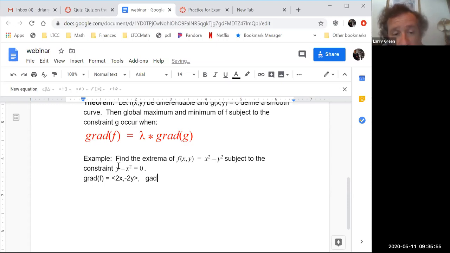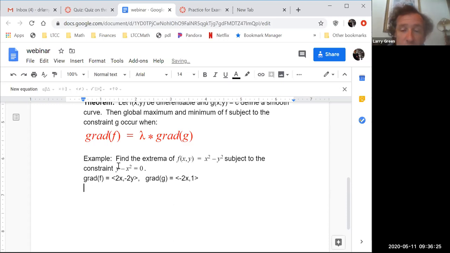And let's find the grad of g. And what's the gradient of g? Yeah, negative 2x comma 1. Any questions so far?